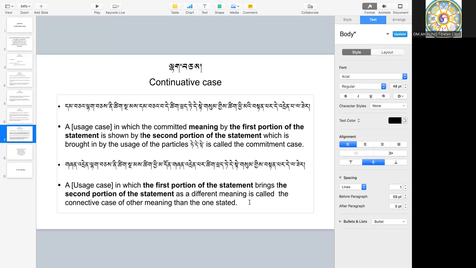Let me just summarize today's introduction. So we begin by introducing the particles of the continuative case. There are 3 particles of the continuative case. These are te, the, te. And these 3 particles are dependent particles. Dependent particles meaning that these follow their respective name in a statement on the basis of suffix letter.